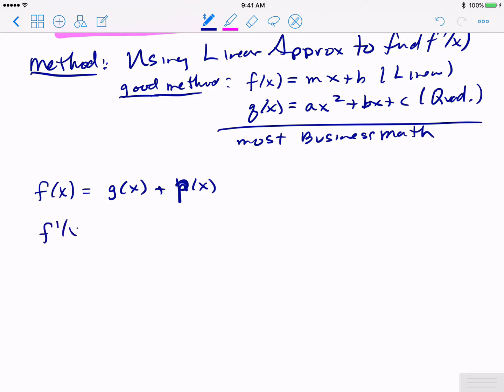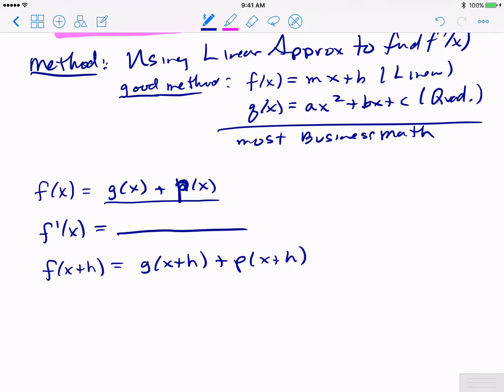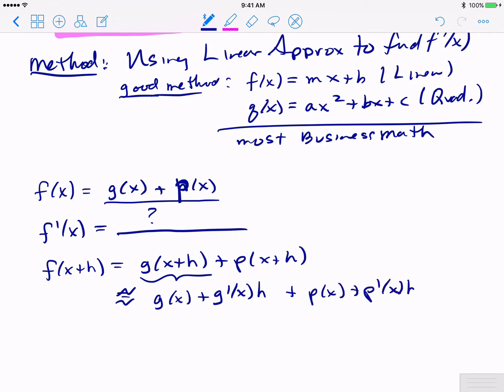So if you want to know what the derivative of two functions added to each other is, you'll compute f of x plus h, which is g of x plus h plus p of x plus h. And g of x plus h is g of x plus g prime of x times h, approximately. P of x plus h is p of x plus p prime of x times h, approximately. Okay, p and g go back together, p of x plus g of x.